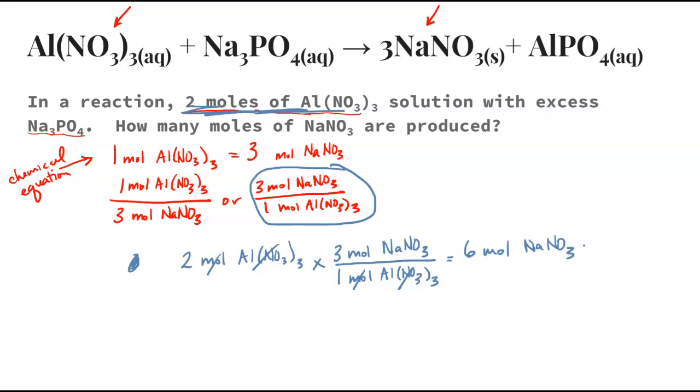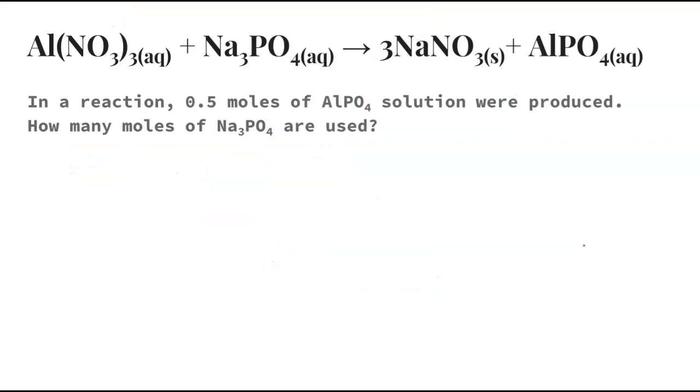All right, so now let's try one more like this. We have the same chemical equation, but now I'm given that in a reaction, 0.5 moles of AlPO4 is produced, so half the quantity of what our equation says.